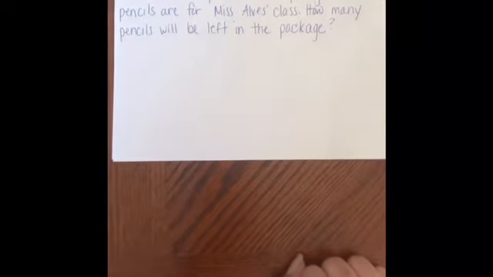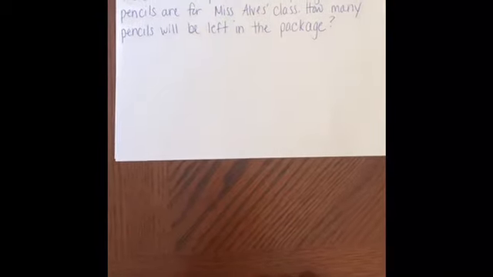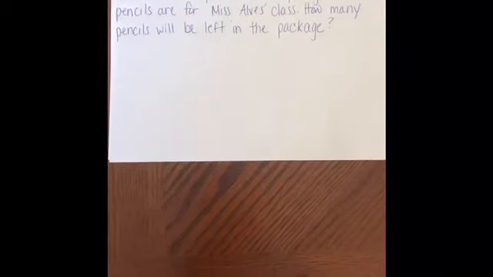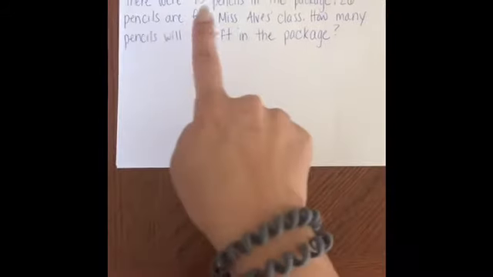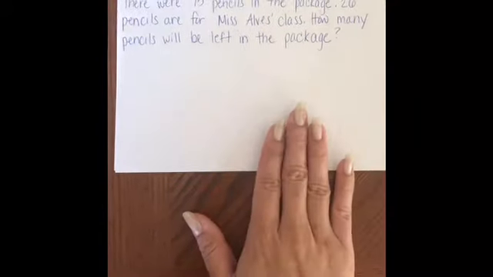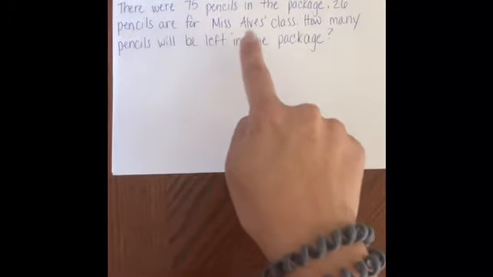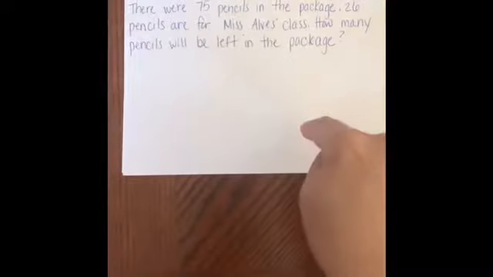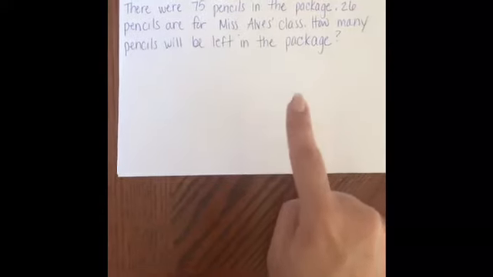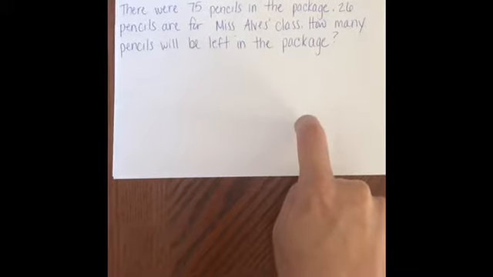So I see two numbers again, which tells me I only need one step. And now let's go back and think about it. There were 75 pencils in the package. So I'm picturing one package of pencils. 26 pencils are for Miss Alves' class. So we still have that one package, and 26 of those pencils inside the package are for Miss Alves' class.